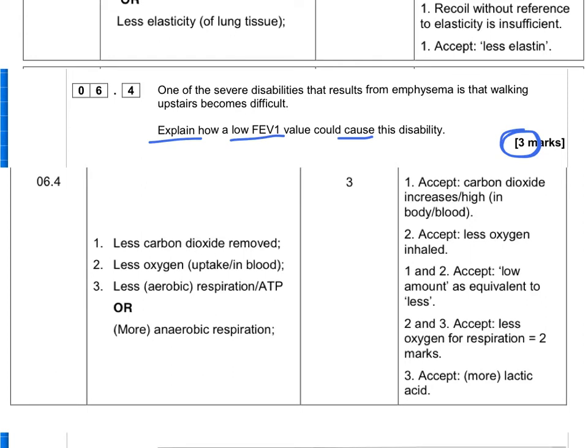If you have a low FEV1, it's not just less oxygen, you've also got less carbon dioxide being removed, so that increases in the blood. Therefore there's less uptake of oxygen, so less respiration, or you could say there's more anaerobic respiration. They will also accept other answers about more lactic acid building up, which would make it more difficult.